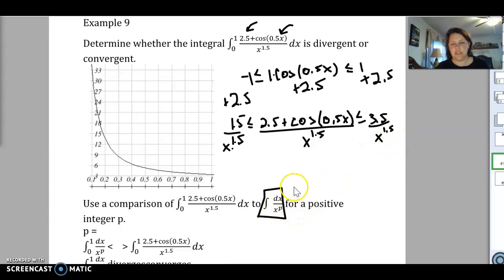Now this format that they give me doesn't give me anywhere to put a constant in the numerator. But I know that 1.5 over x to the 1.5 is greater than 1 over x to the 1.5. So I can confidently say that I can compare this to the equation 1 over x to the 1.5. And then whatever happens to this equation, it's going to be a boundary to our original equation that we want to find the integral for.